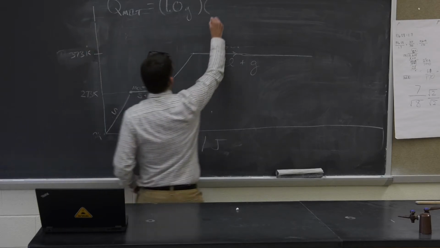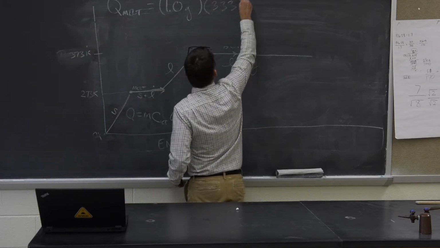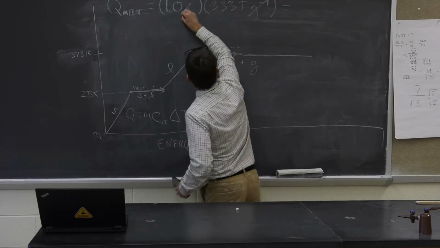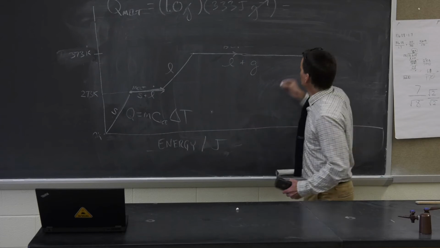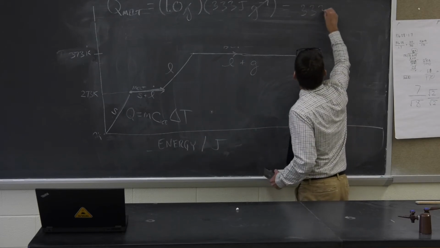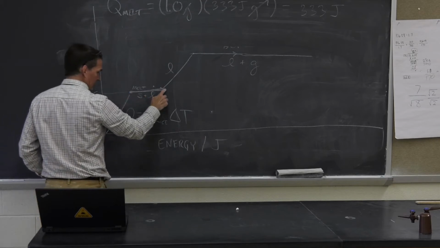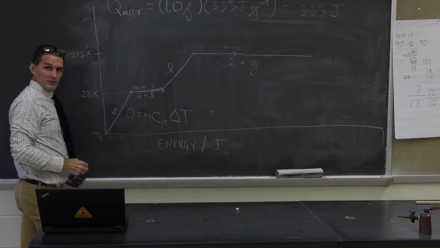Well, that's pretty easy. 333 joules for every gram. That cancels that. It's 333 joules. So to go across this portion of the graph, it's going to be 333 joules.